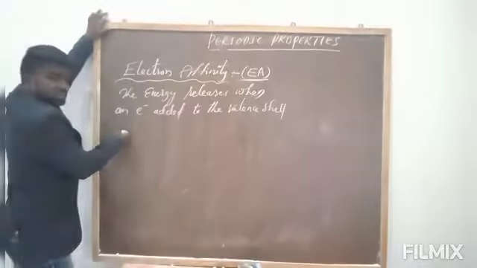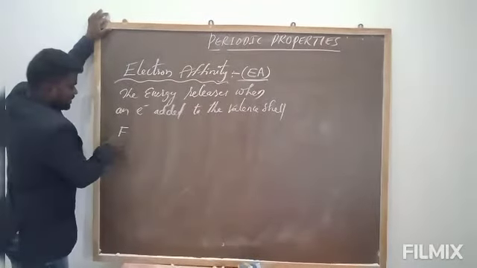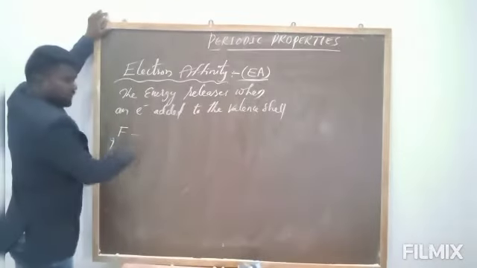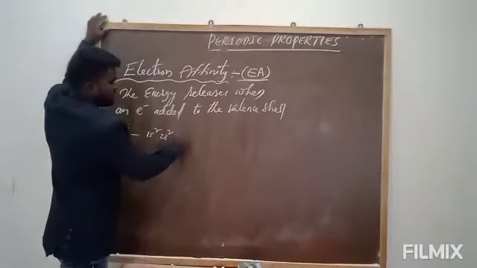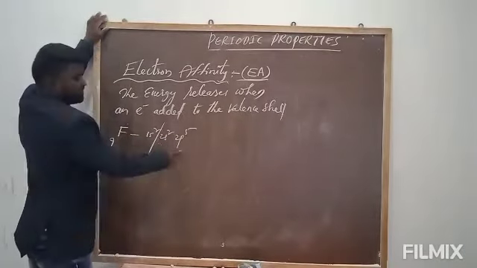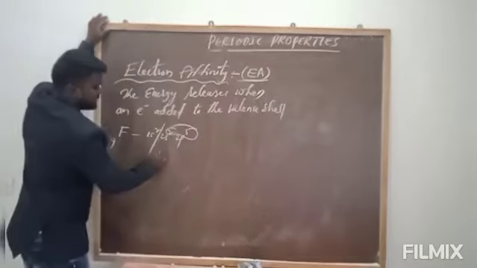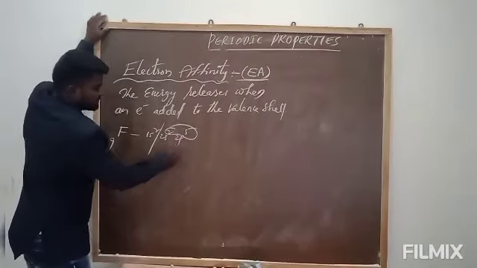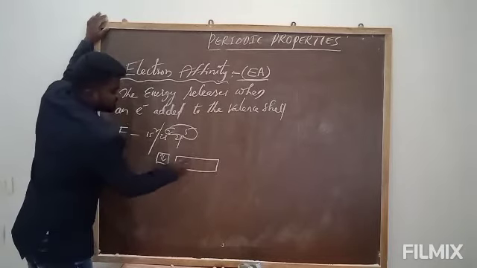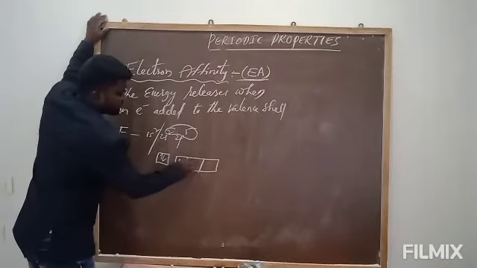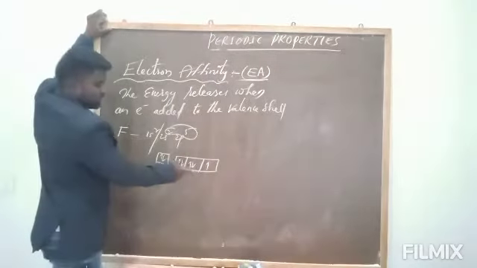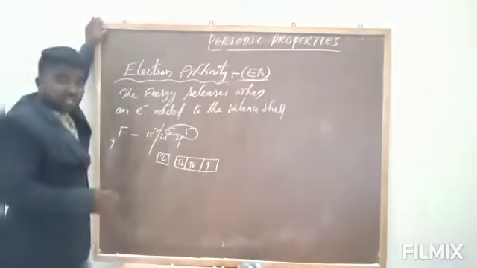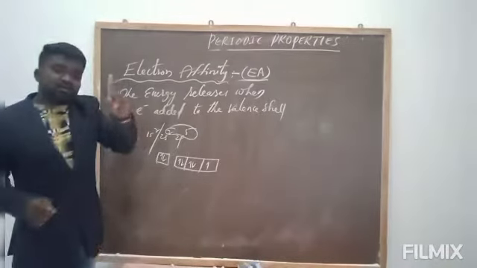Now, listen all of you. For example, take fluorine, atomic number 9, electronic configuration 1s2, 2s2, 2p5. 7 electrons are there, s orbital 2 electrons, p orbital 5 electrons. For getting the optimum electronic configuration, fluorine needs 1 electron.